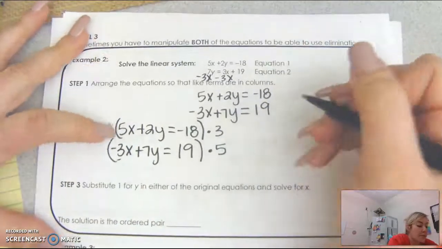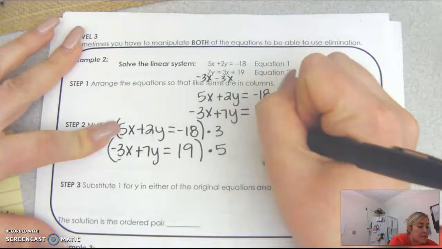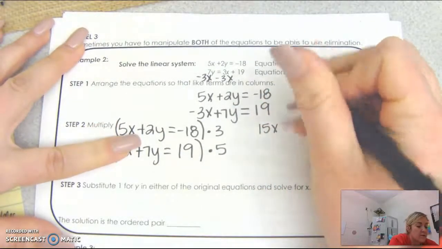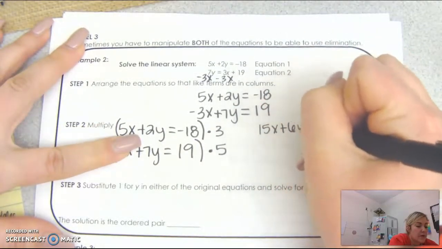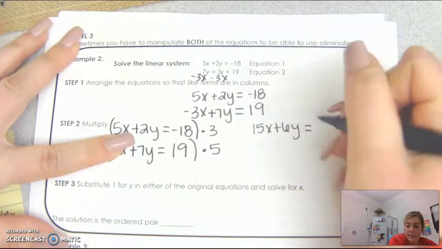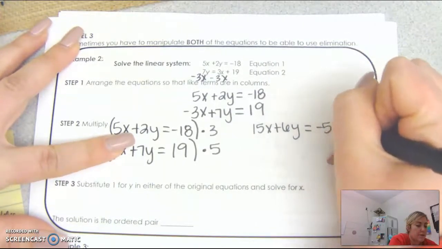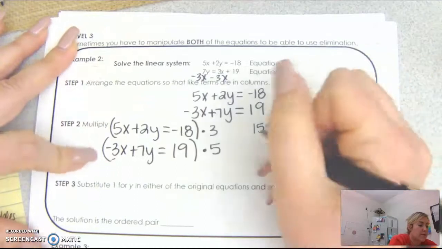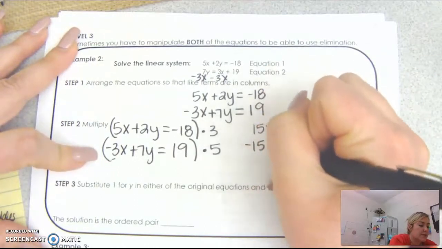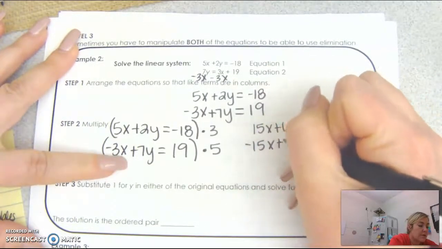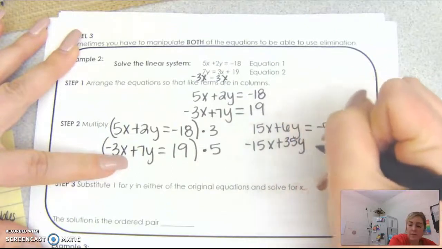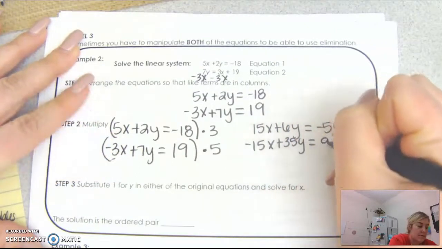Now I'm going to rewrite. So 5x times 3 is 15x. 2y times 3 is 6y. 18 times 3 is negative 54. Then my bottom equation, I have negative 15x plus 35y equals 95.